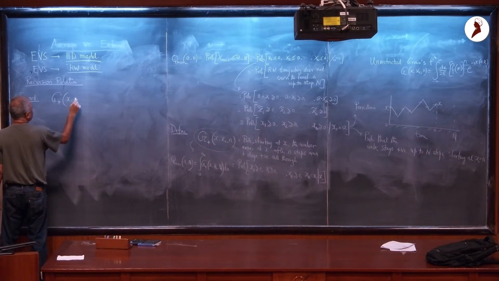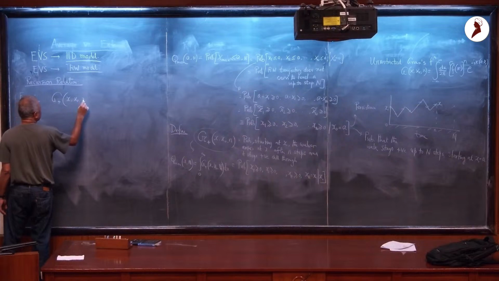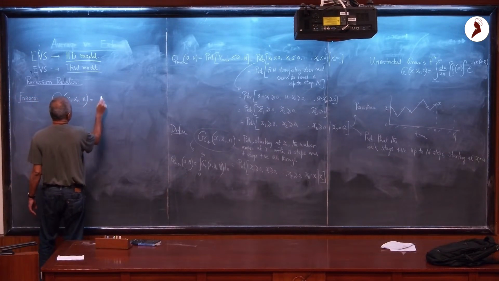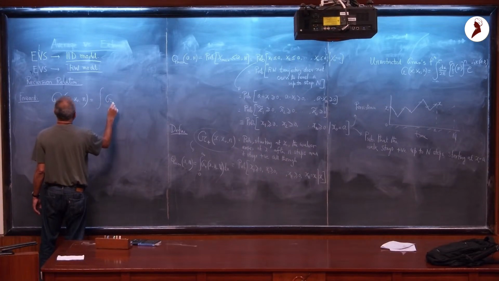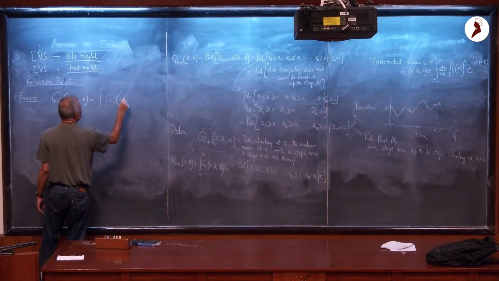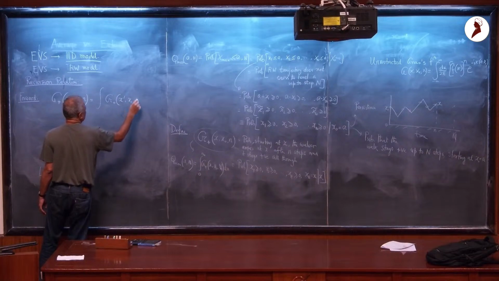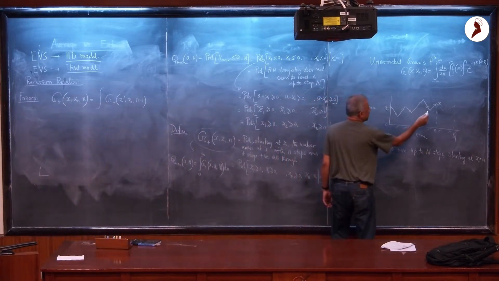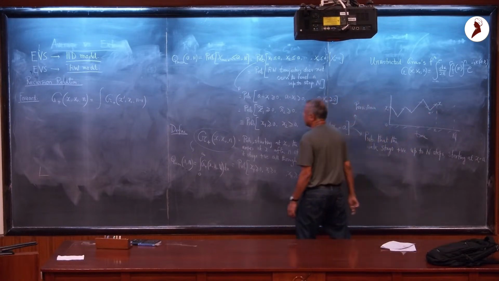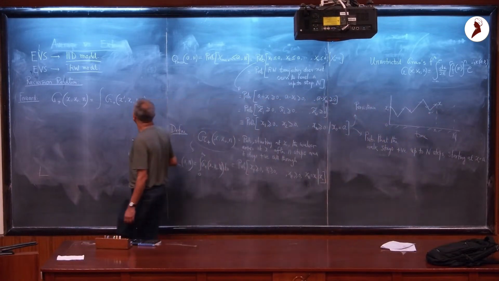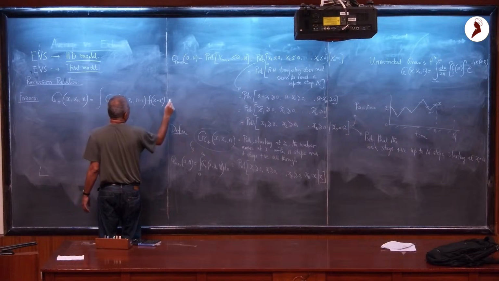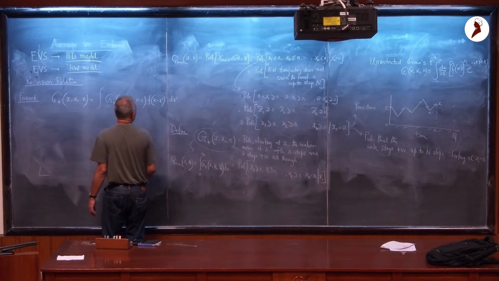So I started at x naught, and I'm arriving at x, staying positive up to n steps. So I look at where I went after n minus 1 steps, starting at x naught. This is my x prime, just one step before. Suppose I arrived at x prime, and then I have to make a jump from x prime to x, and because it's a Markov process, they are just a product.